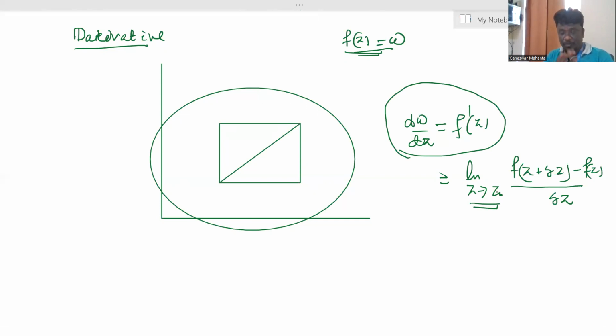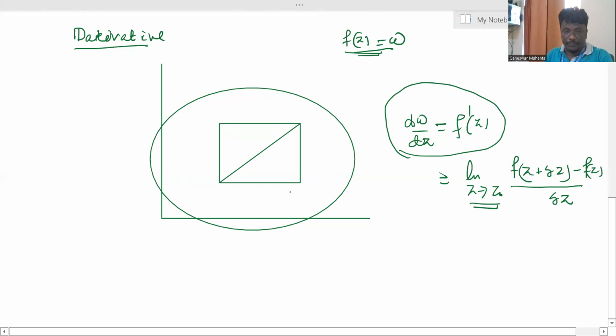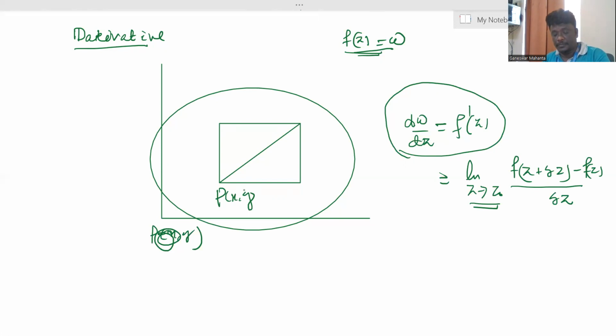You can look at this figure. Consider a point P, which is a point (x, y).